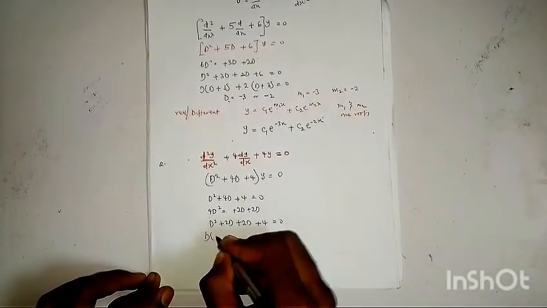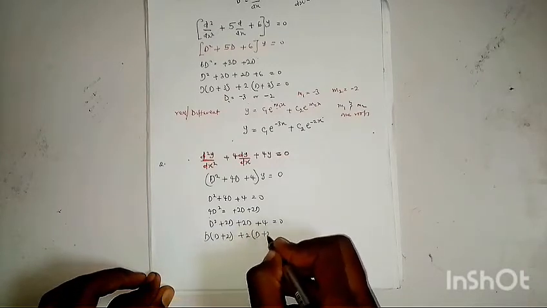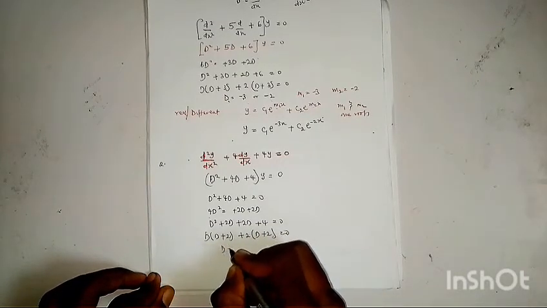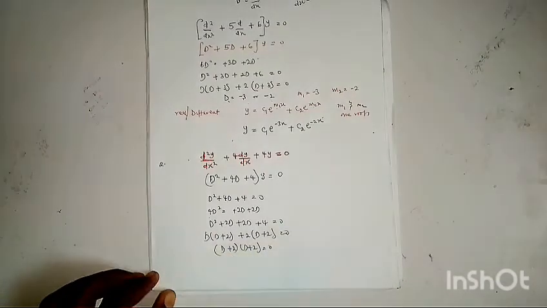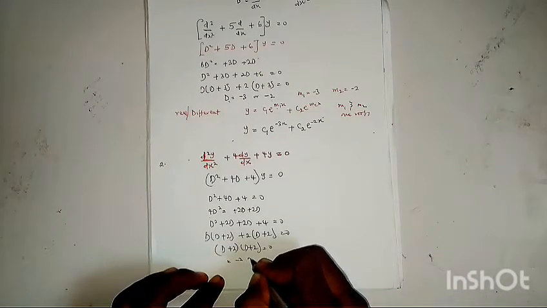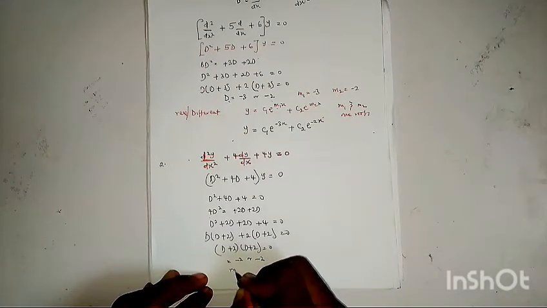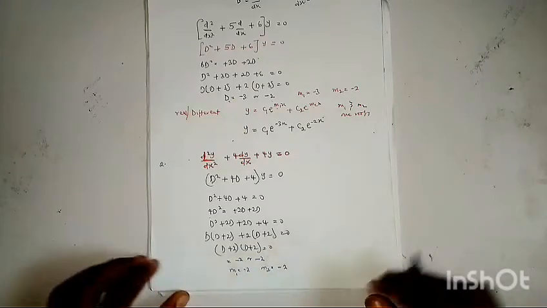Then d open bracket d plus 2 plus 2 open bracket d plus 2 is equal to 0. Then d plus 2, d plus 2 equals 0. Then my two roots are minus 2 or minus 2. Take m1 to be minus 2 and also m2 to be minus 2.